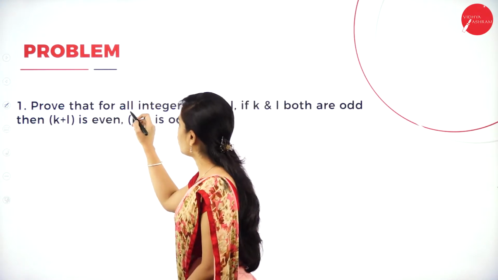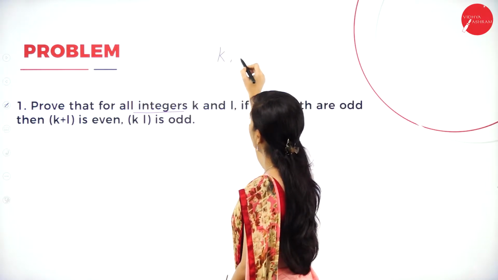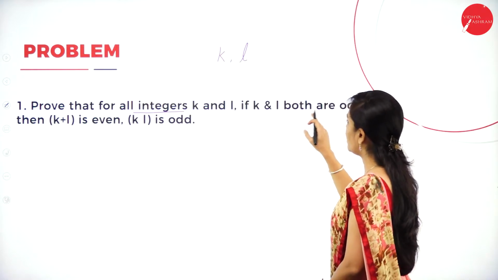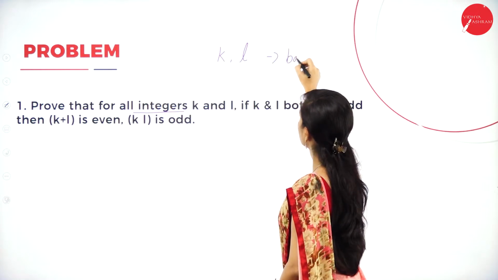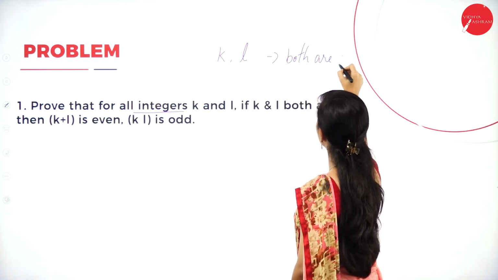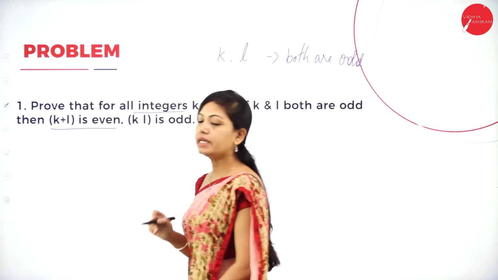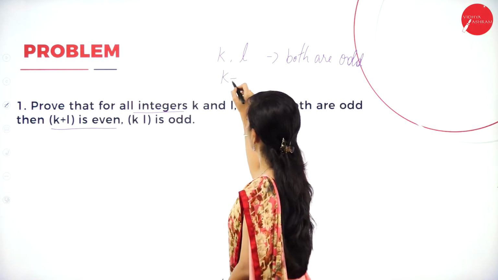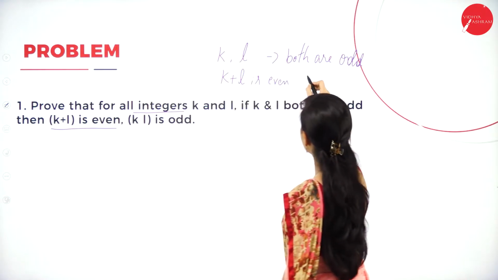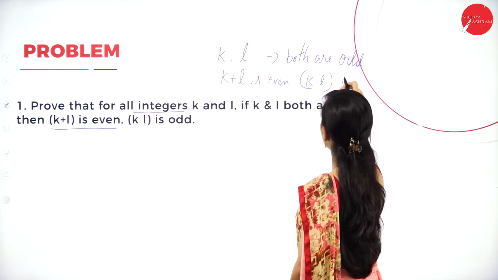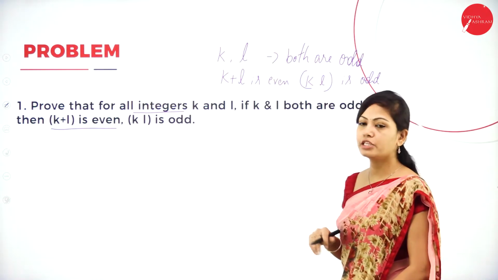Prove that for all integers k and l, if k and l both are odd, then k plus l is even and kl is odd. We have to prove this with the help of indirect method.